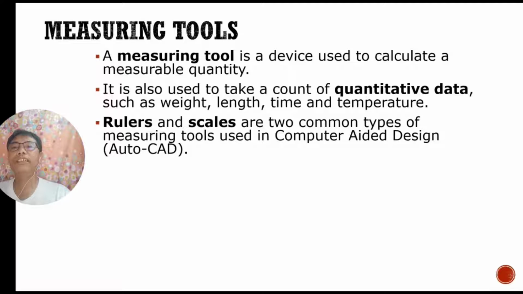Rulers and scales are the two common types of measuring tools used in computer-aided design. This design is made from a computer using a special kind of application so that you can come up with detailed design instead of using the pencil, the technical pen, the paper, and others.